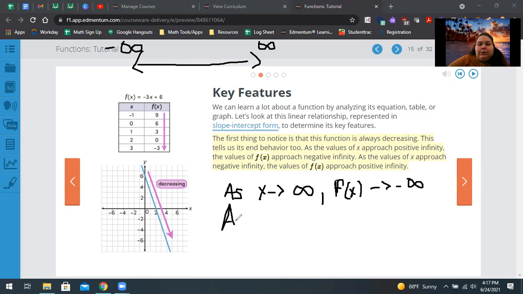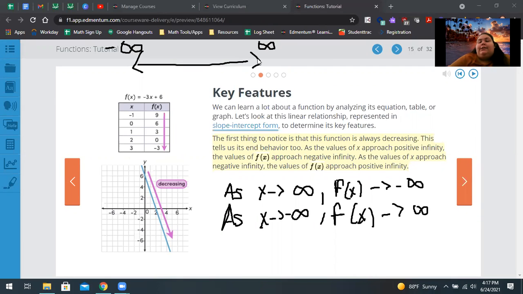Then as x goes to negative infinity, as you move towards the left, your graph is actually going up this way. So f of x goes to infinity. So that's one part of the key features.